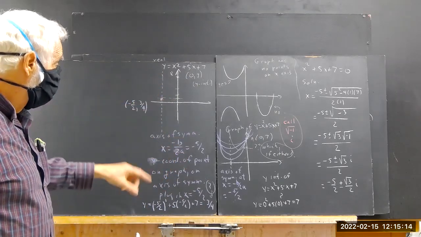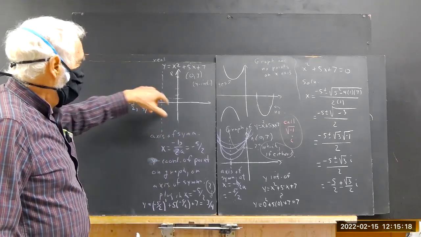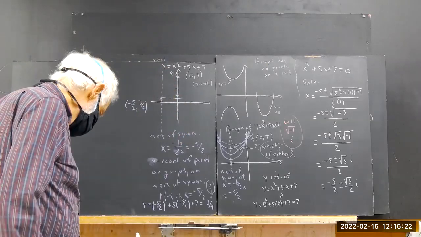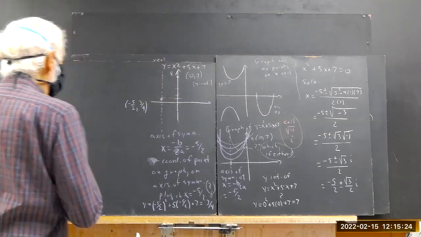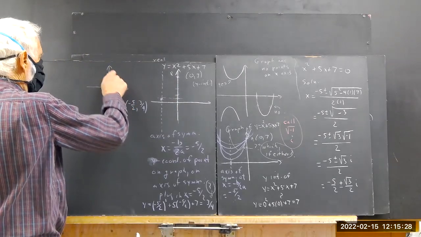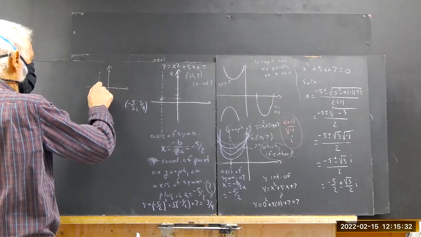So if you take this picture, don't take time, because I'm not going to give you time to line off a complicated x and y axis, just draw a picture. Picture might be this here, and then an axis of symmetry and a point down here.